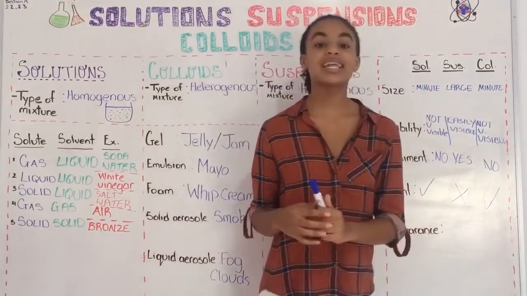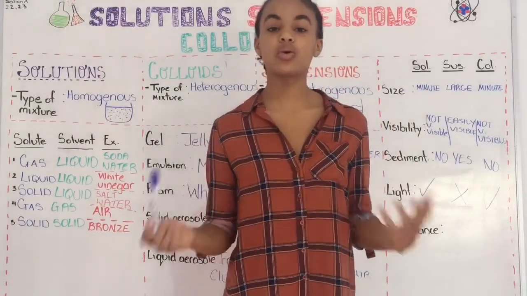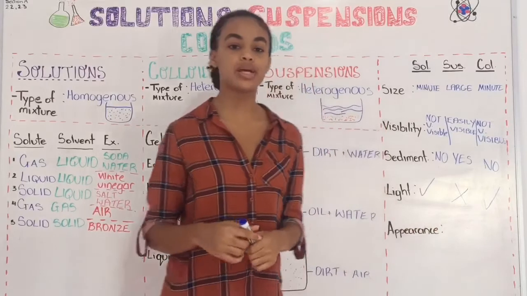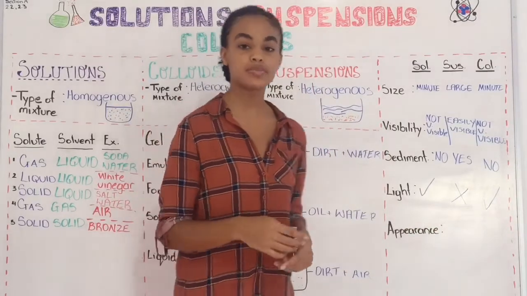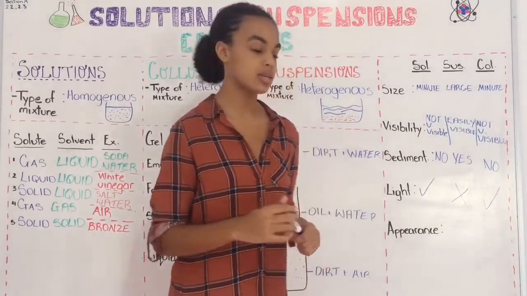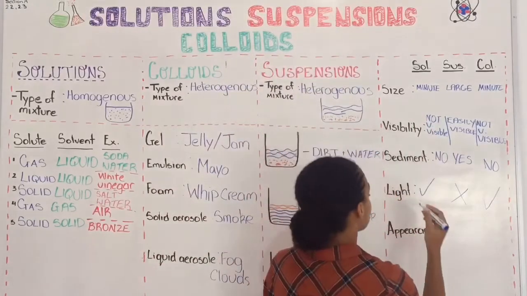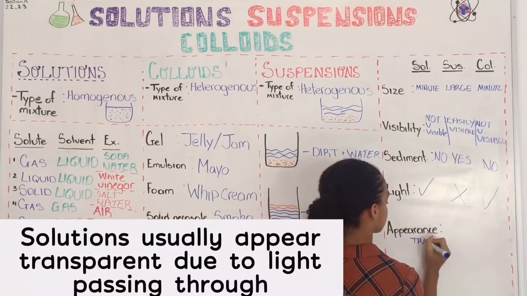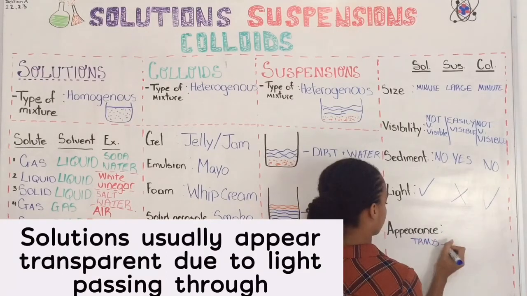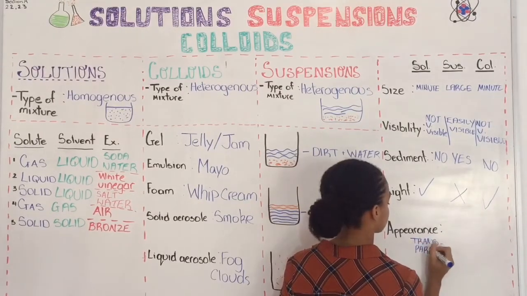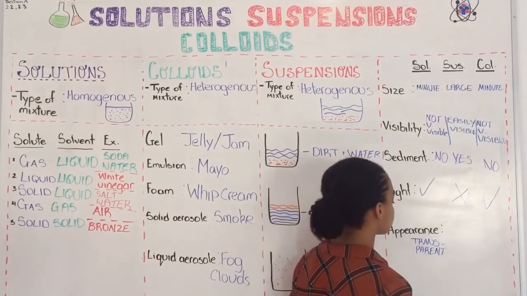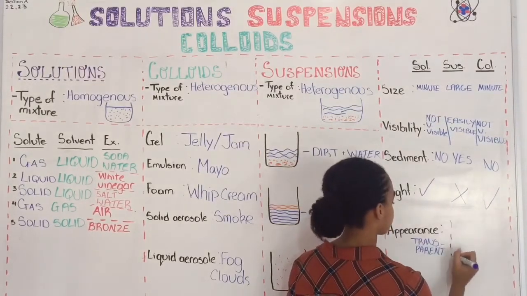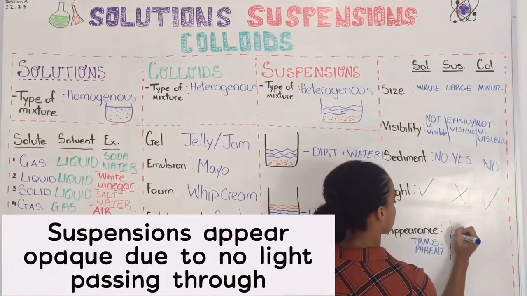Appearance. Because light passes through the solution so easily, it's going to appear transparent. Transparent means that you can see straight through it. So, appearance in solution, transparent. The appearance in suspensions would be opaque because there's no light passing through.